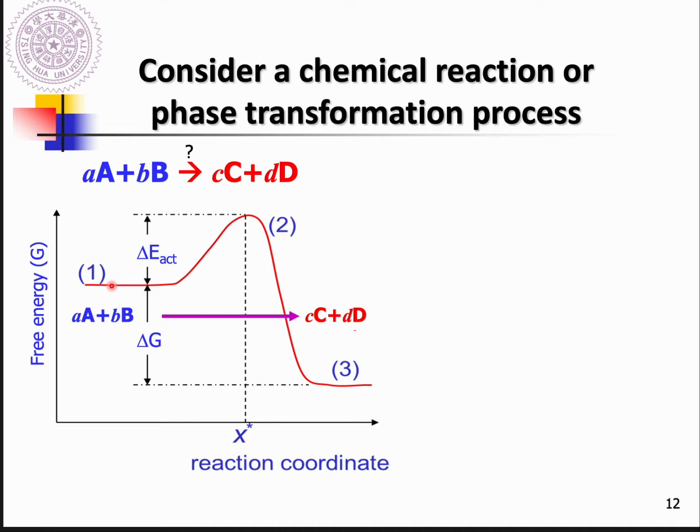So for this one, we know that delta G, the small g minus the larger G, the total Gibbs energy change, is negative, smaller than 0. That tells you this reaction definitely will happen. So we call it thermodynamically favorable because delta G is smaller than 0.